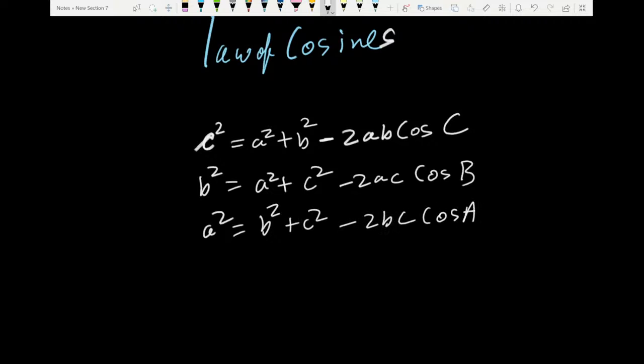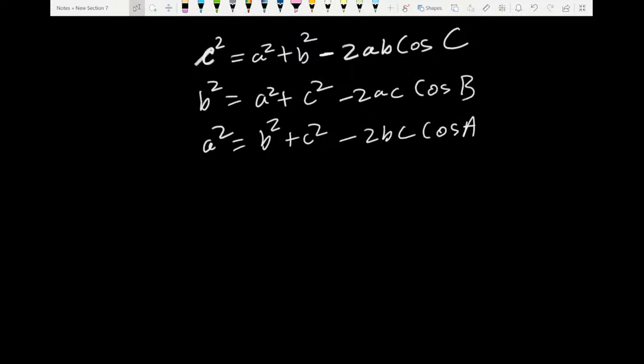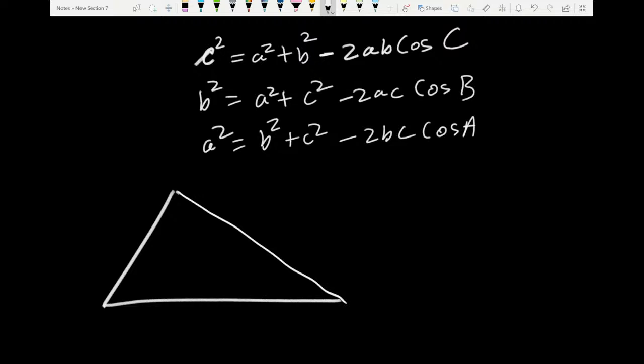All right. So let's use this to find the missing side and angles.